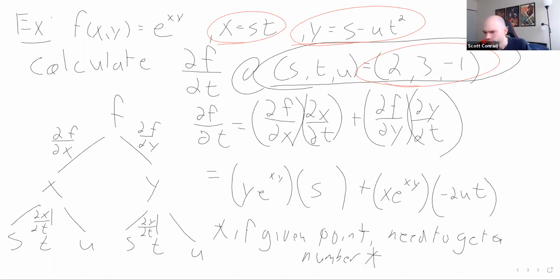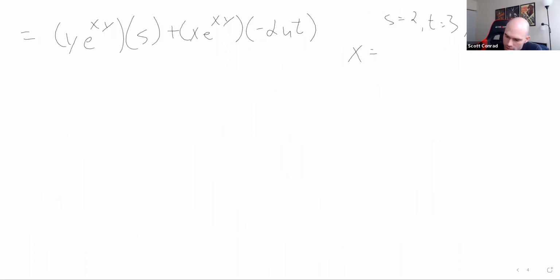I think I heard 6, right? So x would be 2 times 3, which is 6. And then similarly, y would be 2 minus negative 1 times 3 squared. So 2 plus 9 would be 11. So where we see x, we're going to plug in 6, and where we see y, we're going to plug in 11.